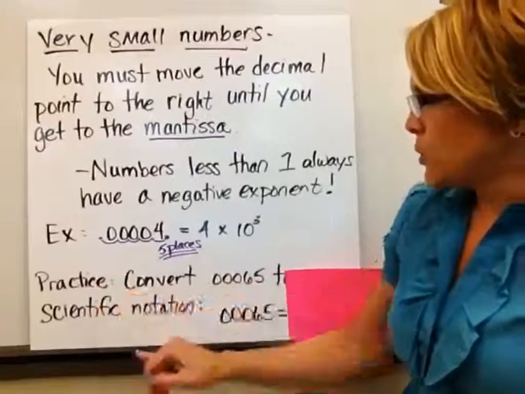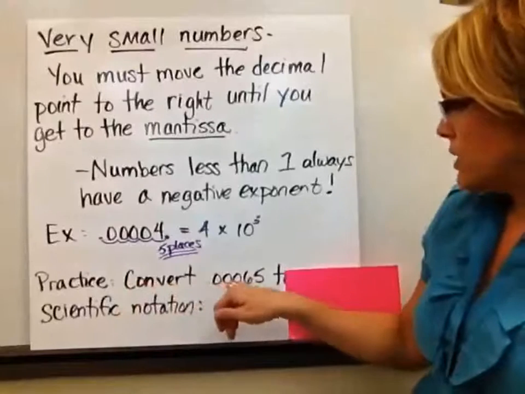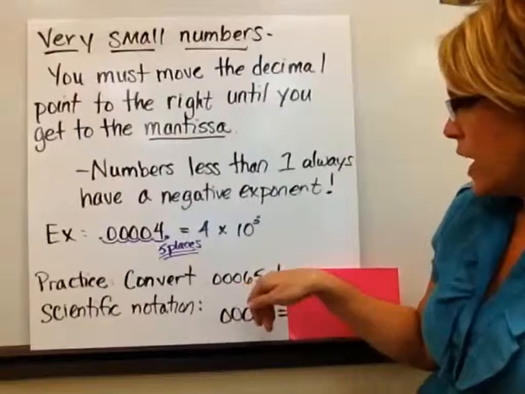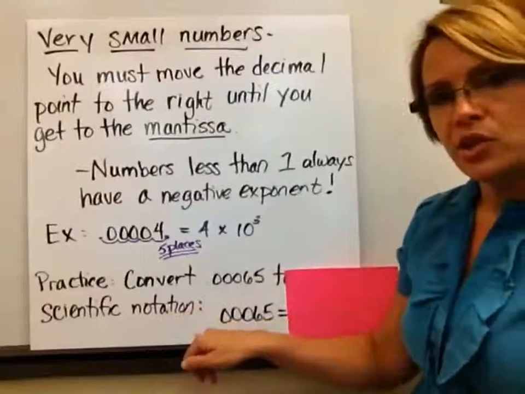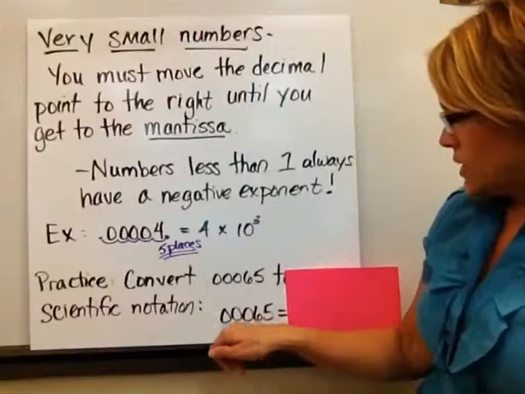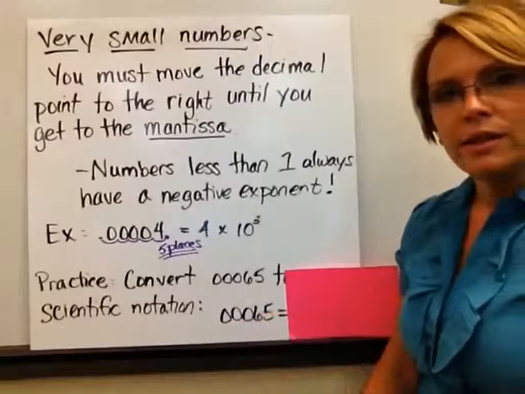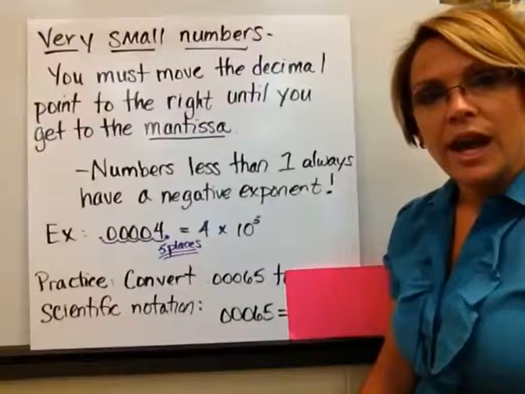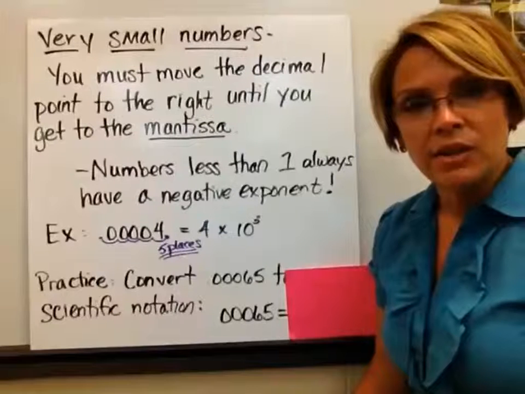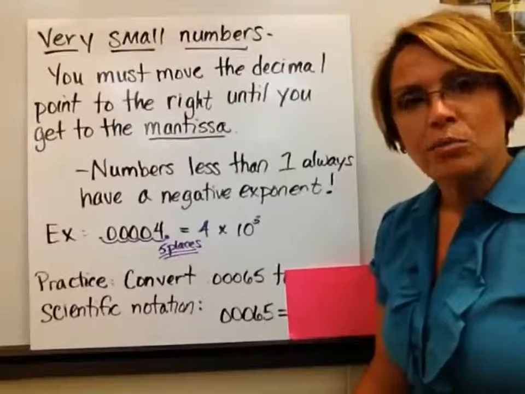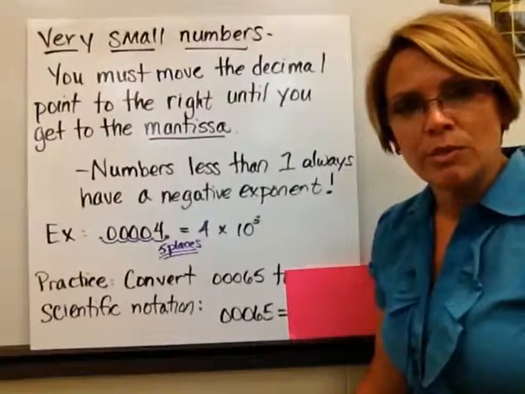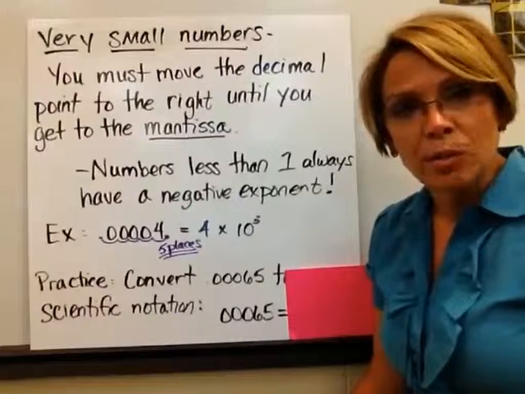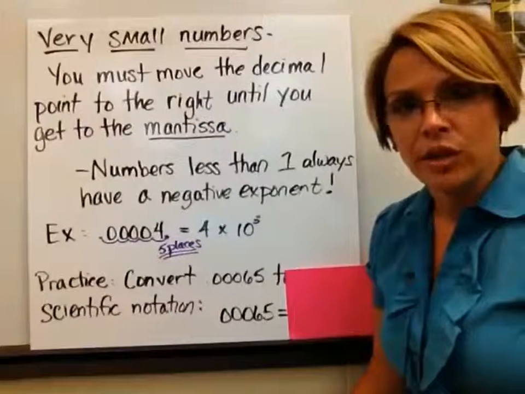So let's do a practice here. Convert 0.00065 to scientific notation. So in this case, we write out in the longhand 0.00065. And remember, to write that in scientific notation, you have to move the decimal point until you reach the mantissa, which of course is the number that only has 1 digit in front of the decimal.